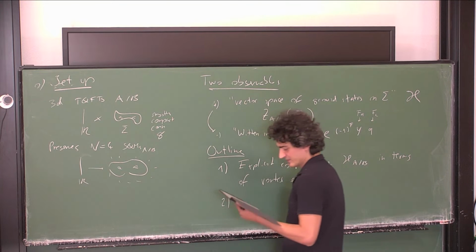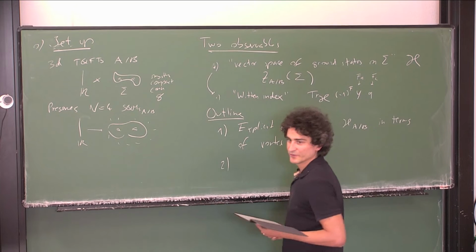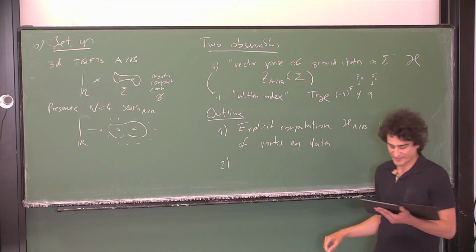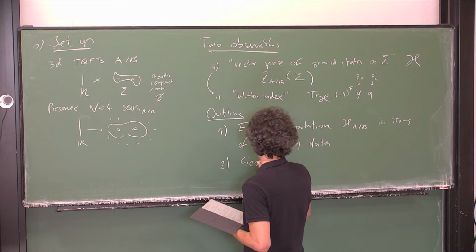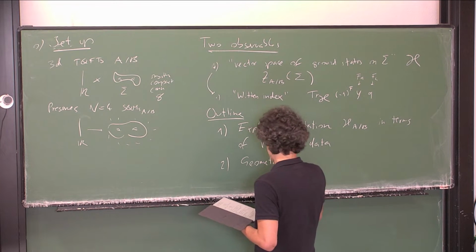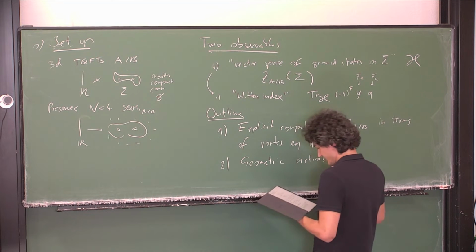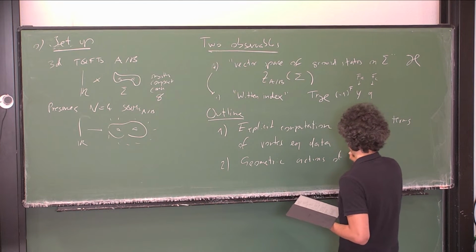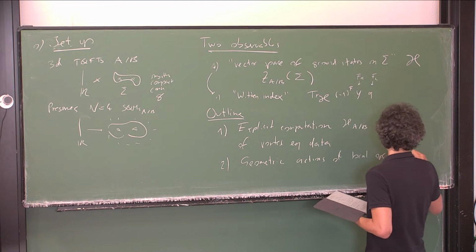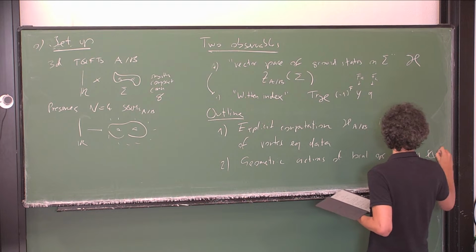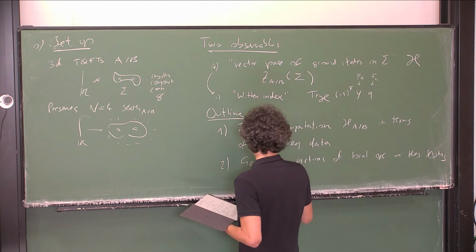And two, I would like to point out how the physics suggests that, even in simple examples, there are some geometric actions of local operators in these quantum mechanics on these spaces.